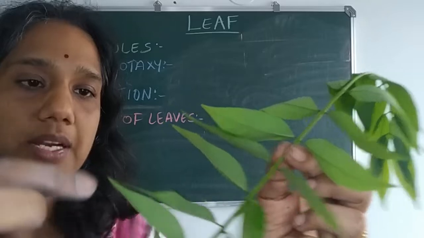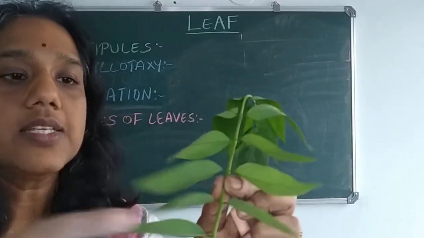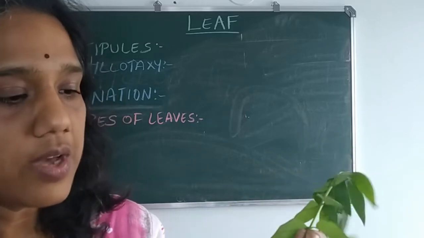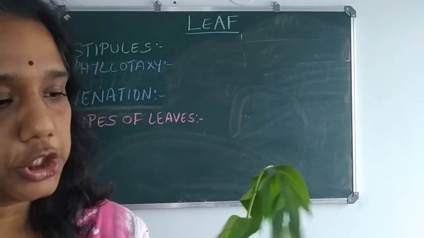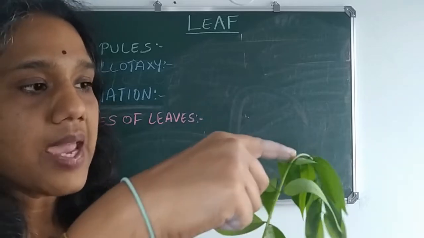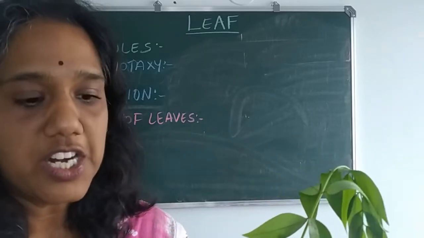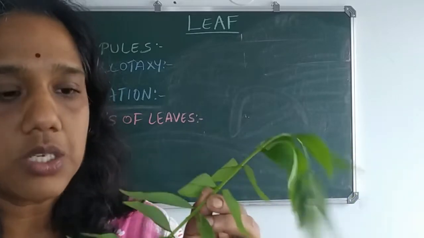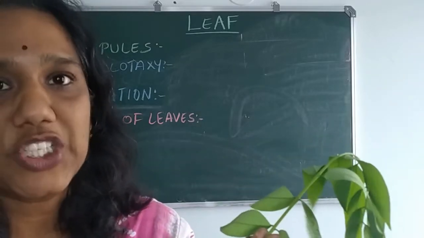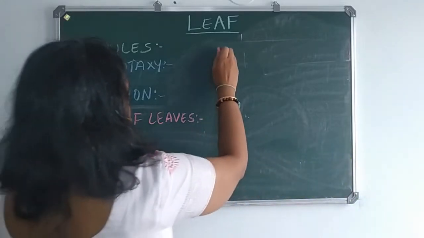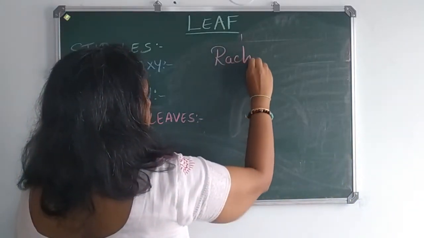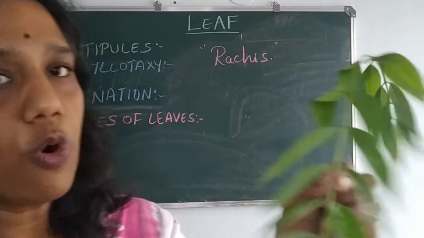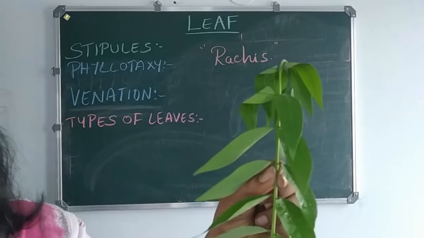These segments are also called pinnae. The pinnae are attached to this main axis, where the midrib is converted into a very strong green structure which looks similar to a stem but is not a stem, called the rachis. So the leaflets are borne on a structure called the rachis.